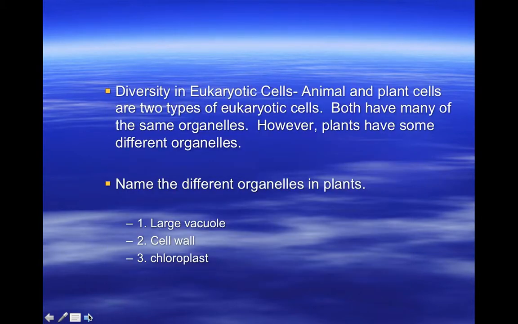So, diversity in eukaryotes, hopefully you've got this. Between the plant and the animal cell, there are 3 different structures: large vacuole, cell wall, and chloroplast, and you have to list all of them. Do not put away your notes, because I need to add one thing to them.